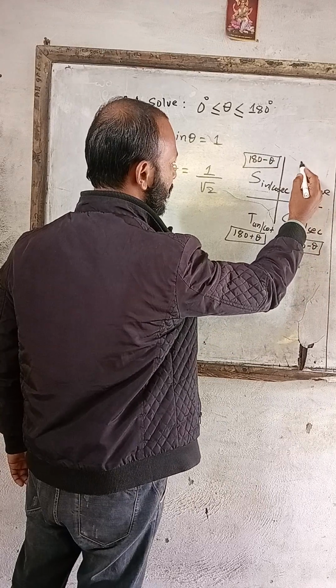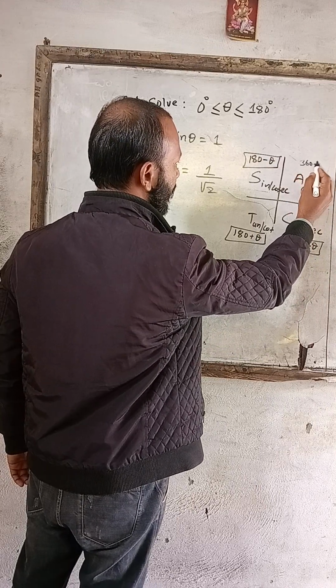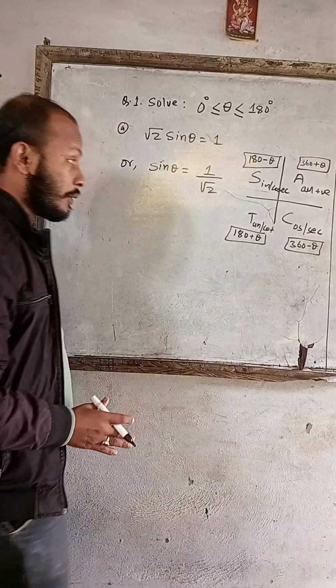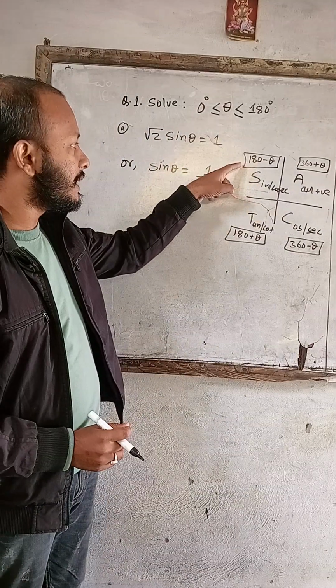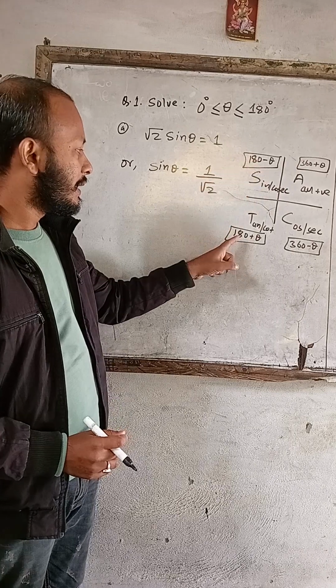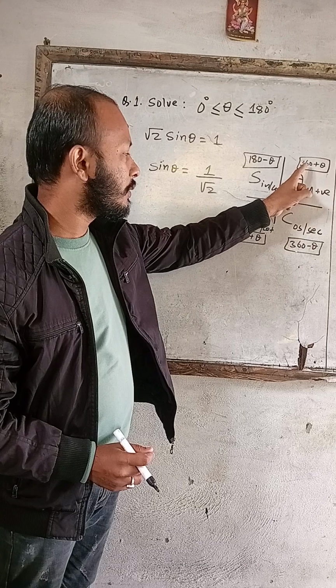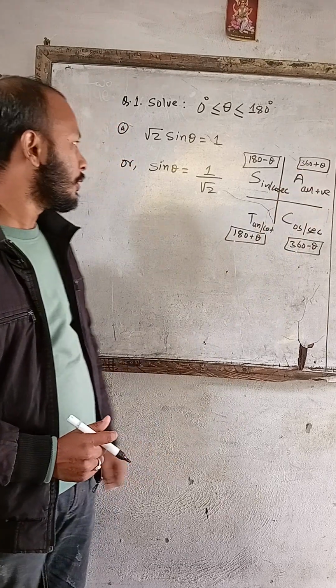In a special case, we have to learn 360 plus theta also. So while solving, we need to remember only these: 180 minus theta, 180 plus theta, and 360 minus theta. For a particular question, 360 plus theta is also used.